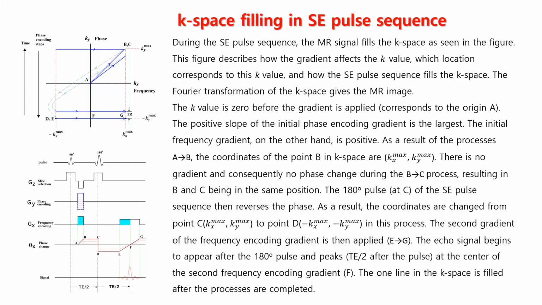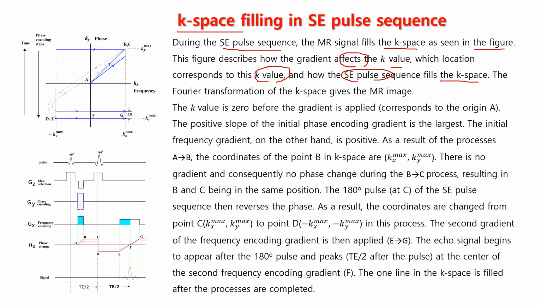Now let's see how the MR signal fills the k-space. During the spin echo pulse sequence, the MR signal fills the k-space as seen in the figure. This figure describes how the gradient affects the k value, which location corresponds to the k value, and how the spin echo pulse sequence fills k-space.